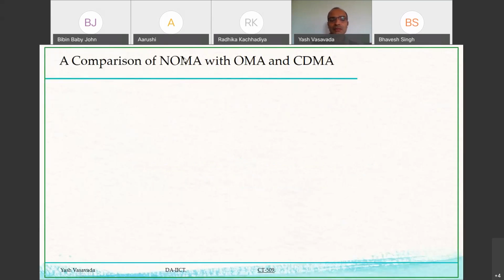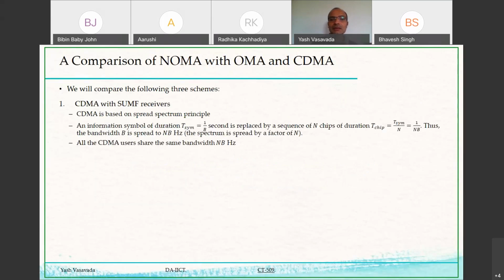Our objective will be to compare NOMA with orthogonal multiple access and possibly with CDMA. That way, the benefit of NOMA will become clear as we make the comparison against OMA and CDMA. And so the three techniques that we'll be comparing, one is CDMA with the simple SUMF receiver.